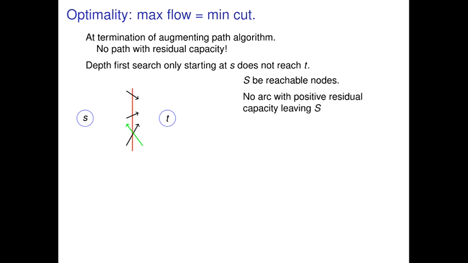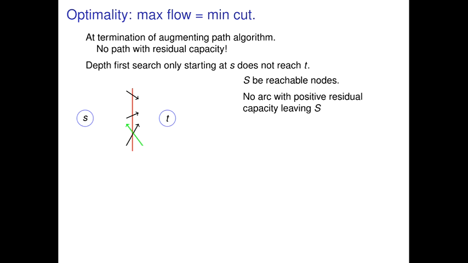Okay? And what does this property mean, that there's no residual capacity leaving S? It means that every one of these arcs, every arc from left to right, has what residual capacity? 0, right? Does that make sense? So for every one of these arcs, how much flow do you send across it?